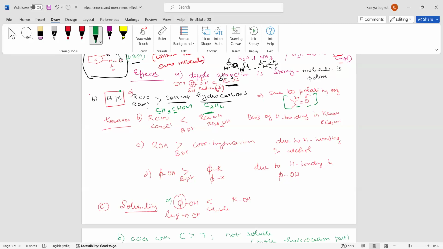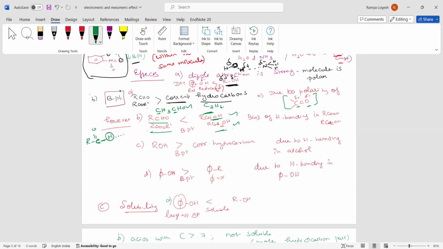Look at the second case here. Alcohol is there, ester is here. When I compare aldehyde and ester with alcohol, and acid and alcohol, whose boiling point is more? Its boiling point is more. Why? They are able to form hydrogen bonding. Look at the structure of your aldehyde. Where is the hydrogen bonded to? It is bonded to carbon, which is not that electronegative.